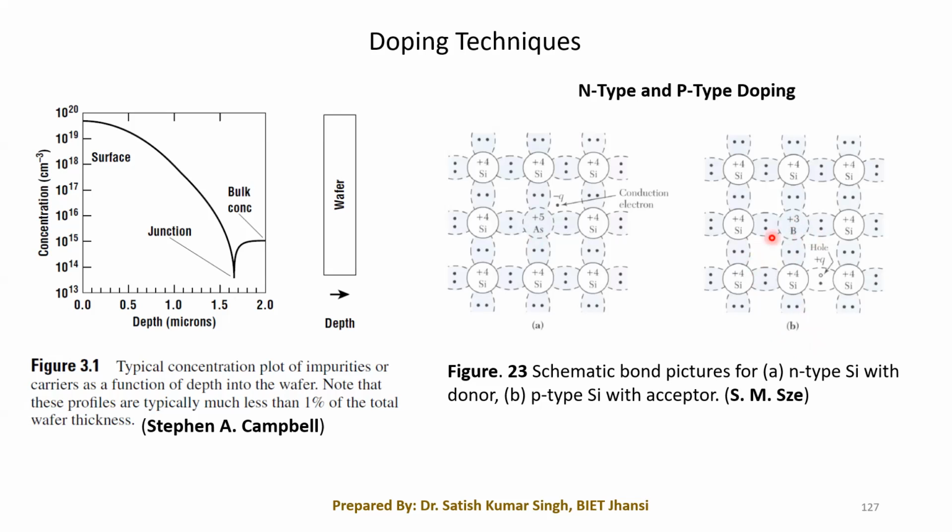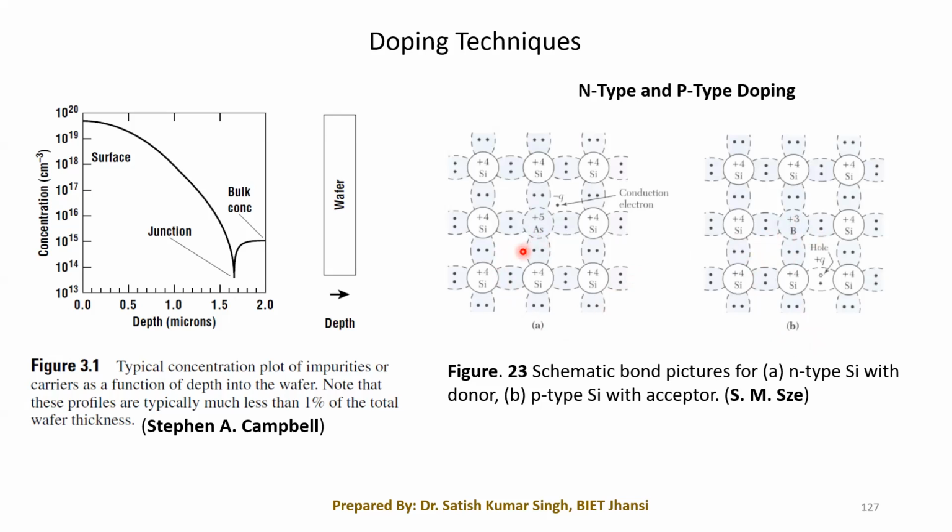Okay, so the one thing you have to understand from this picture is that whenever the impurity atom is occupying a substitutional space in the crystal lattice, then it will be electronically active, and it is going to incorporate a certain type of charge carrier.